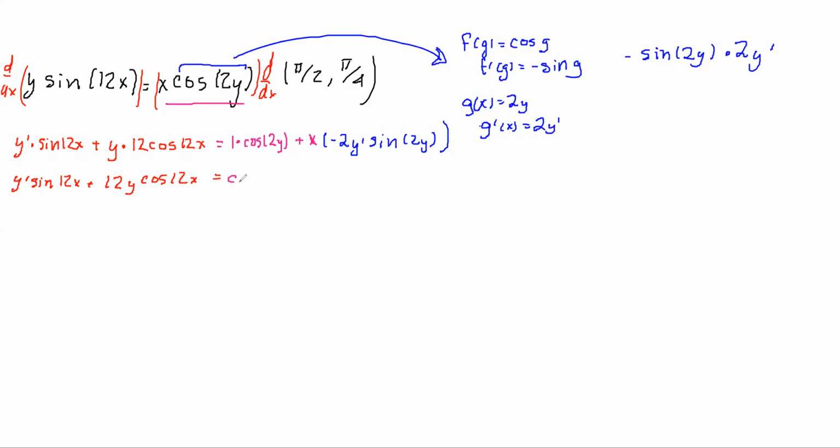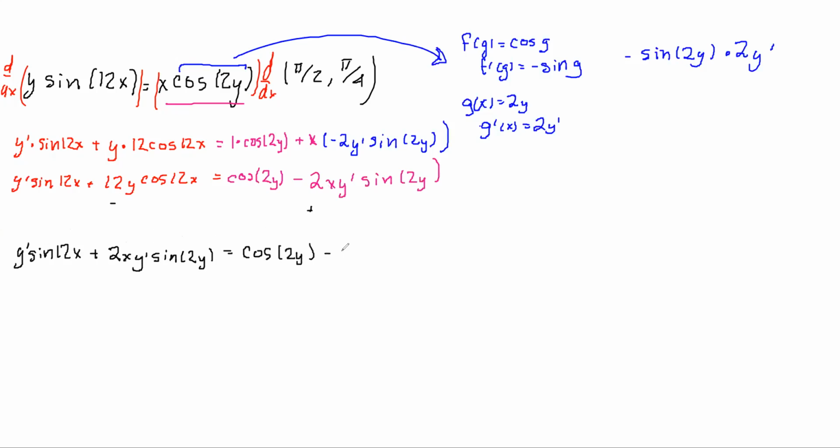Okay, so we were here at cos 2y plus, or rather minus 2x y prime sine 2y. So that's where we're hanging out right now. Now we want to isolate our y prime, so we're going to rewrite this. I'm going to subtract this and add this to both sides. So this is going to be y prime sine 12x plus 2x y prime sine 2y is equal to cos 2y minus 12y cos 12x.